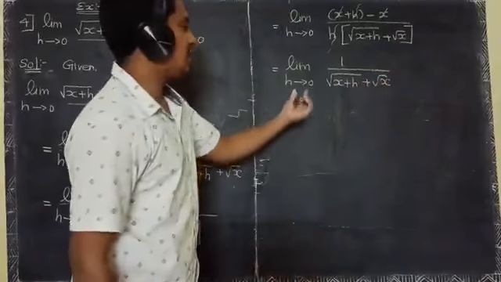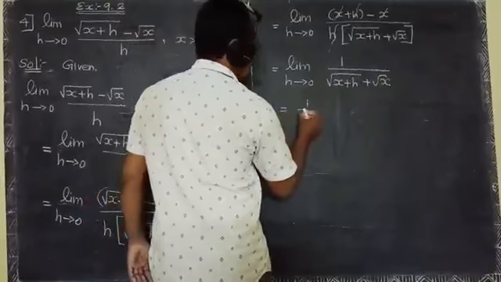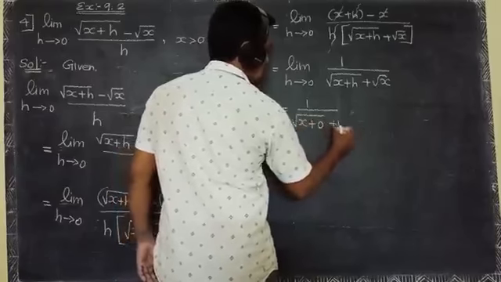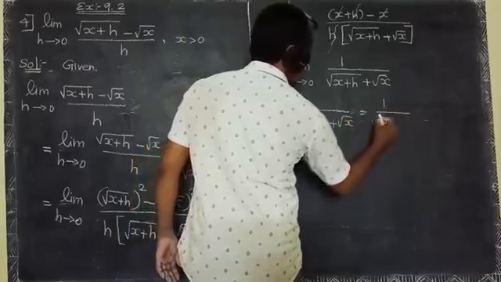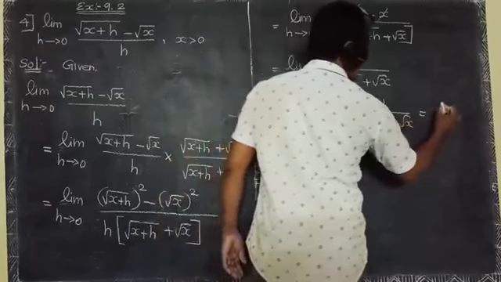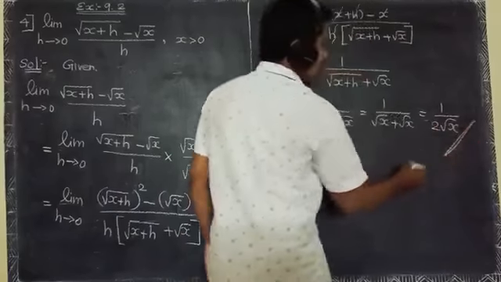Replace h equal to 0 into the function: 1 divided by square root of x plus square root of x, which is equal to 1 divided by 2 times square root of x.